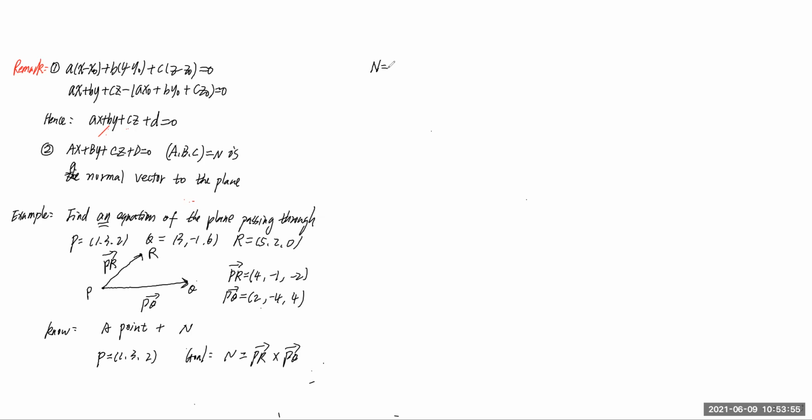N is I, J, K. PR is 4, -1, -2, and PQ is 2, -4, 4. If I made any mistake, you just point it out.